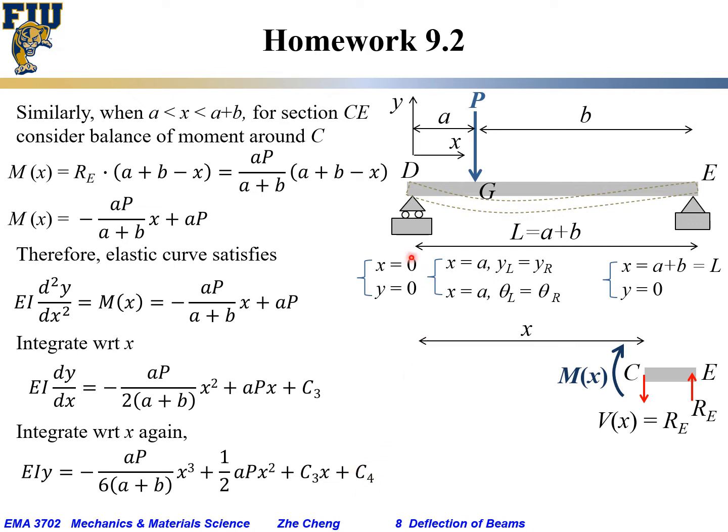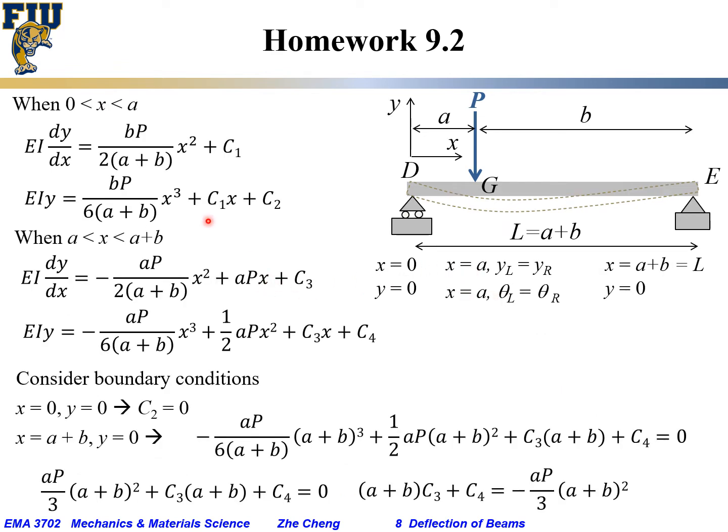And again, for this case, we have 4 boundary conditions. Left side, no displacement. Right side, no displacement or deflection. At the G point, or x equals A, the local deflection or vertical displacement has to match, and also theta, the local slope, has to match. Okay, so totally we have 4 unknowns from the integrations and 4 boundary conditions.